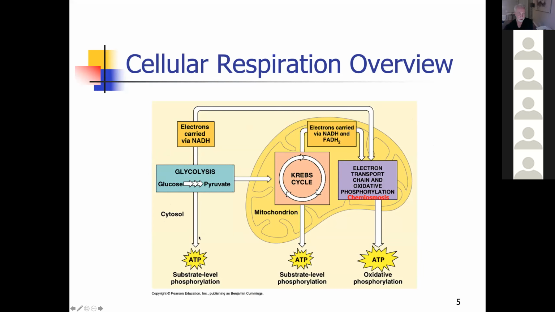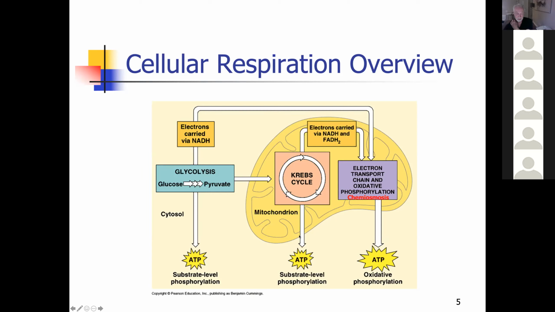And this occurs in the cytoplasm. Cytosol is cytoplasm. The pyruvate is capable of crossing the mitochondrial membrane into the mitochondrial space, and I'll show you a close-up of this in a minute. And then it enters the Krebs cycle.